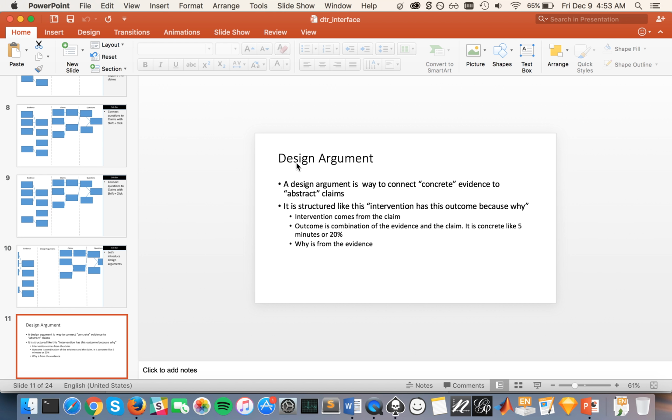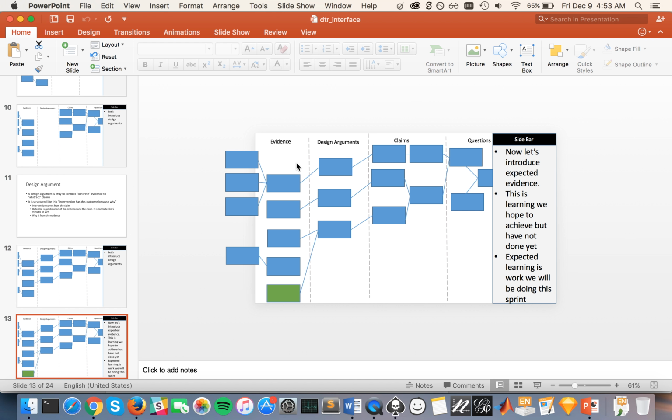But basically, claims were more abstract, and then design arguments would be what really explicitly it was. But I just did a bit more stuff, added some color, like what is new.